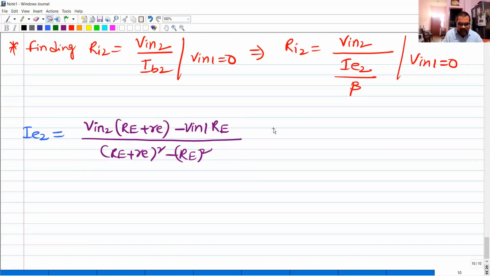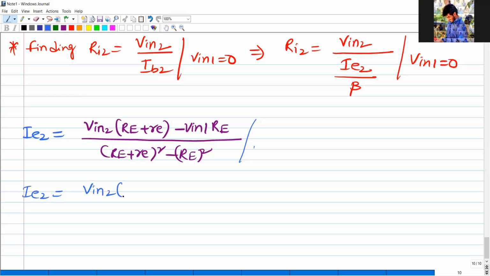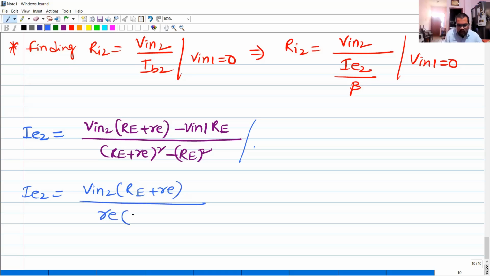This is IE2. Here I want to make Vin1 equal to 0. Tell me IE2 is equal to now: Vin2 into (RE plus RE) by (RE plus RE) whole square. Here we are getting RE into RE plus 2RE. Is it right?